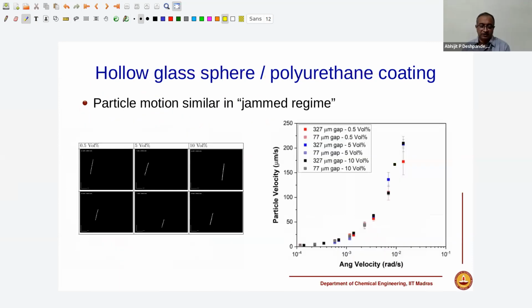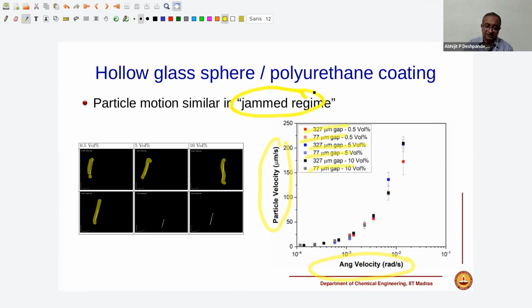And so if you look at, let's say, two different gaps, you can see that this is a trace of those particles based on which we can measure the velocity. And if you look at particle velocity as a function of angular velocity, the velocity with which we are doing the shearing, in fact, they are independent of concentration as well as gap.